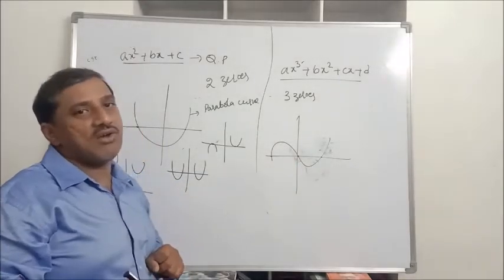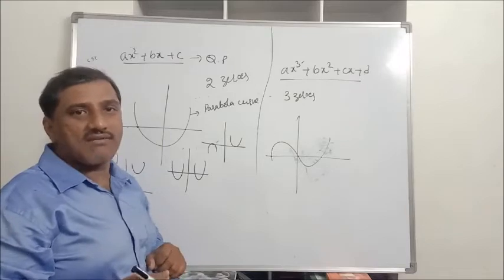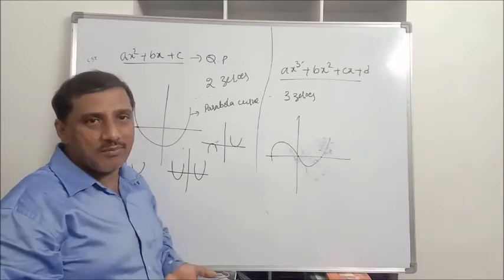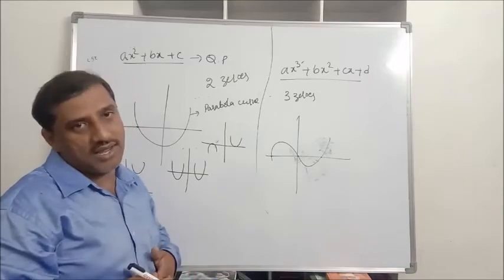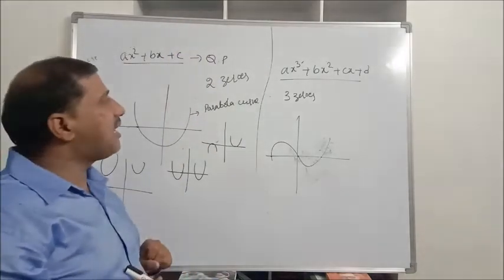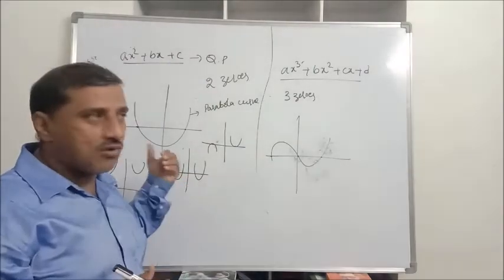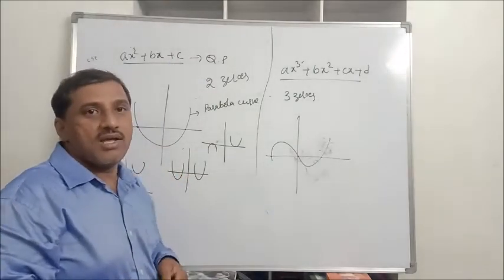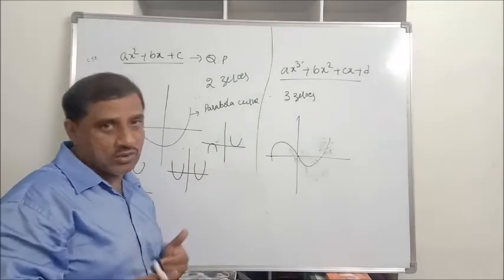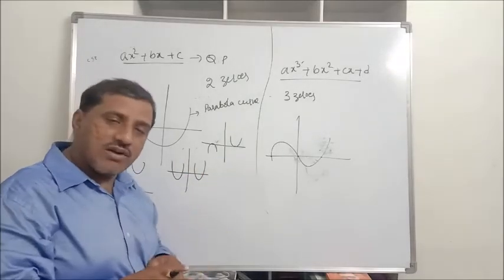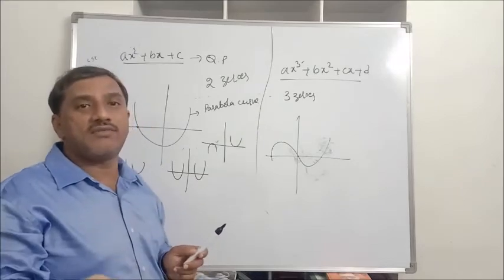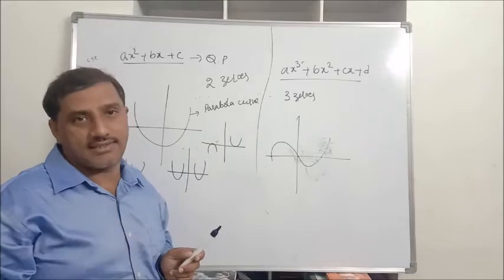That number will give you the number of zeros of the given quadratic, cubic, linear or any other polynomial. So what is the necessity of knowing the geometrical meaning of zero of a polynomial? If you know it, we can identify how many zeros there are. It equals the number of intersecting points of the graph with the x-axis.